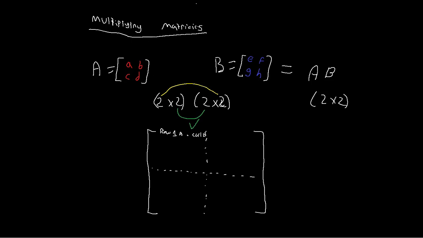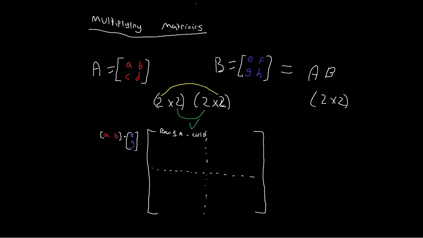So this is going to be our row vector, A, B, times our column vector, E, G. Right, we know how to handle a row vector times a column vector because we've already done it.